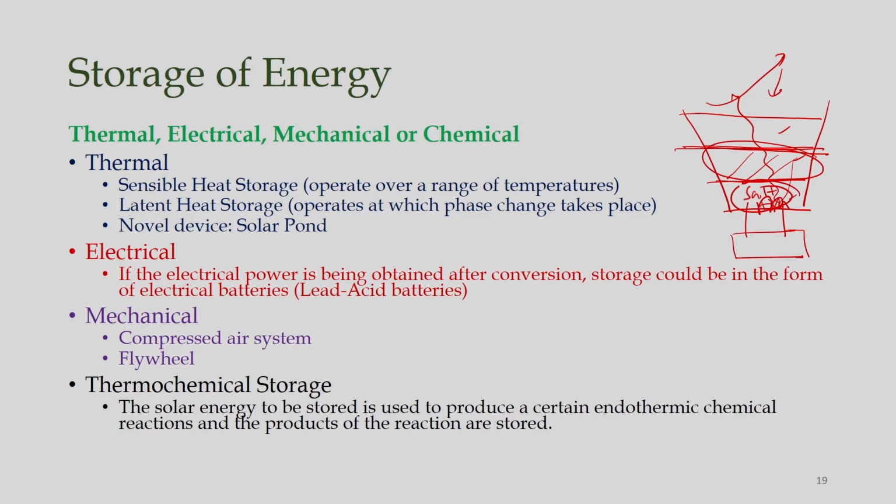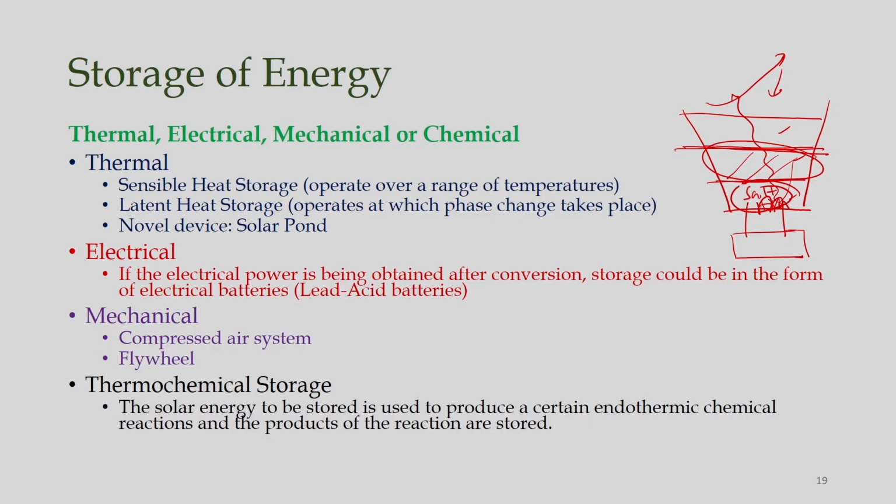And of course, sometimes we need to rely on electrical storage systems. For example, if we are working with PV systems, then of course we will go for a lead acid battery storage system, and this is for off grid conditions, but batteries are normally not preferred in the case of on grid systems. In the case of mechanical storage, we will go for a compressed air storage system or maybe a flywheel storage system.